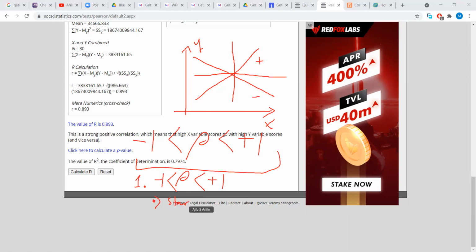You can start from the variance of x, the variance of y, and the xy covariance. It belongs to these three variables. So you can check by yourself how to prove this value. Okay, you got it, everybody?